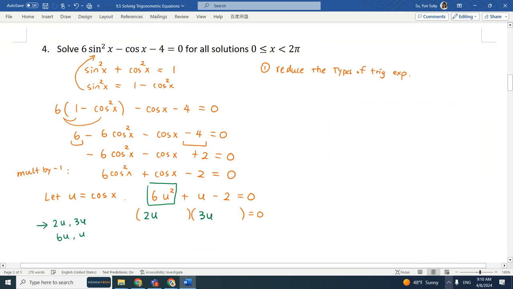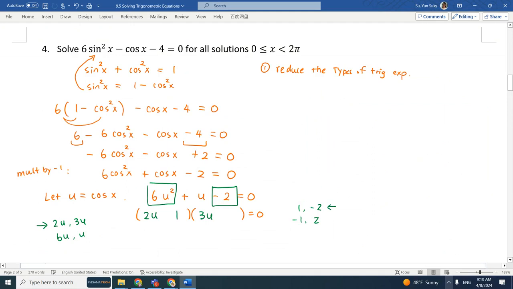So let's try each combination until we find the one that works. Okay, let's try this. Is that okay, everybody? And then you look at the constant term. What are the factors of -2? 1, -2, or -1, 2. So let's try the first pair.